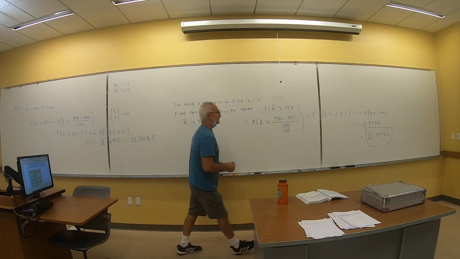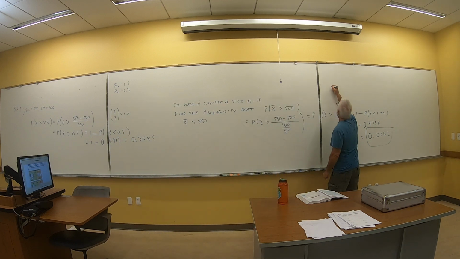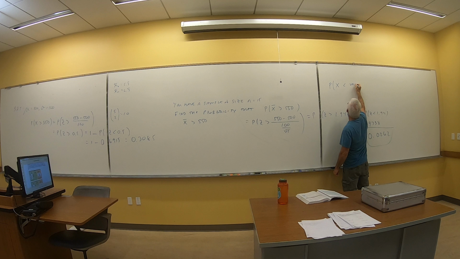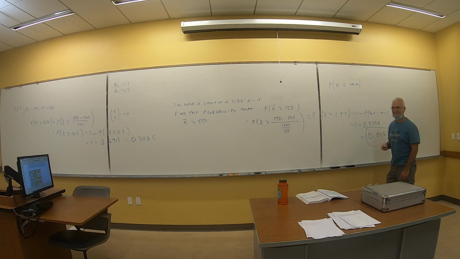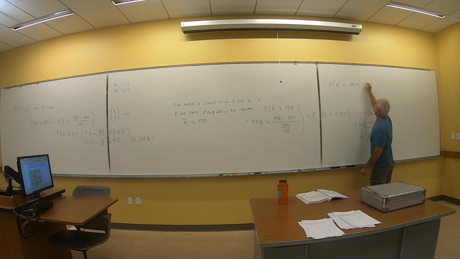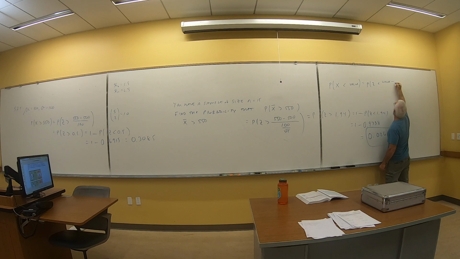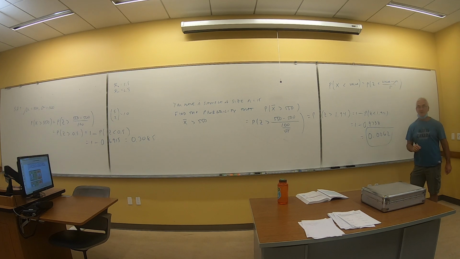So now, the new way. The probability that x is, in general, smaller than a value, we know this is equal to the probability that z is smaller than (value minus mean) over standard deviation. We know that. That's what we've been doing.